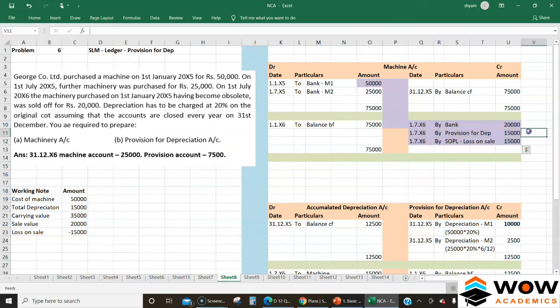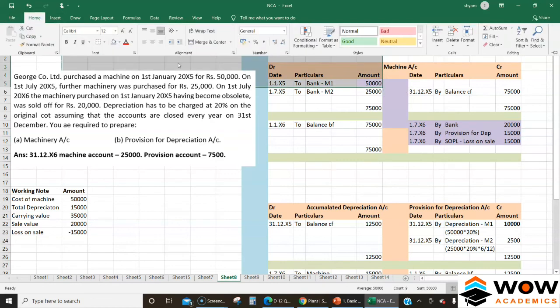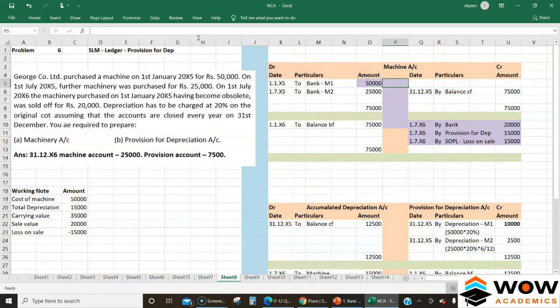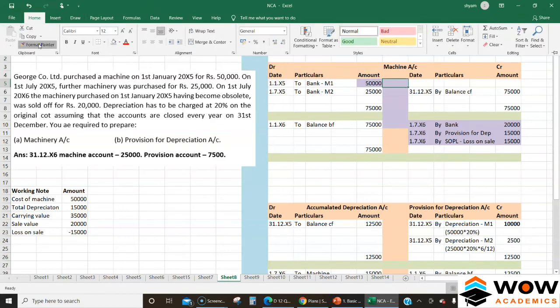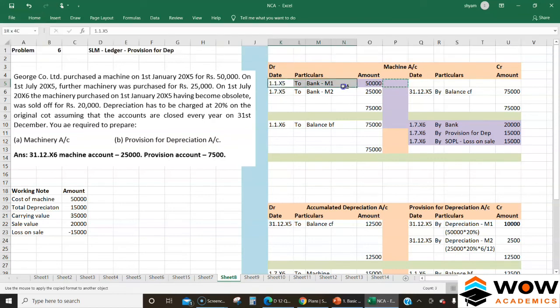Hope you got it. The value of 50,000 here would be equal to the value of the asset which has been taken out. So if you do this, what would be your closing balance?